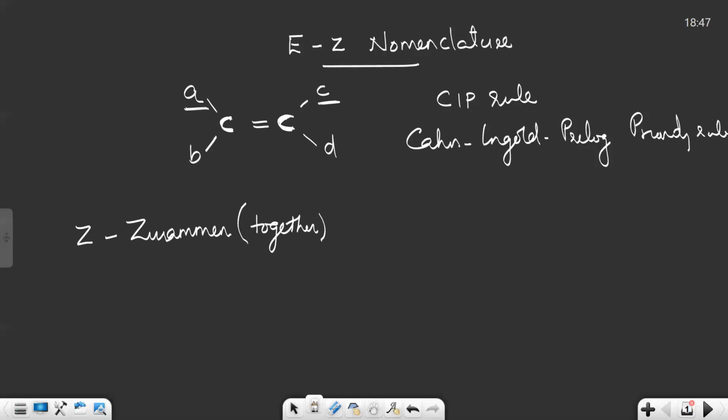Now, if D is our highest priority group, not C, then A and D are on opposite sides. Then we call it an E isomer. E is for entgegen, another German word meaning opposite.